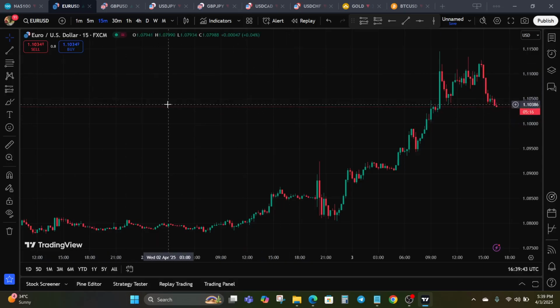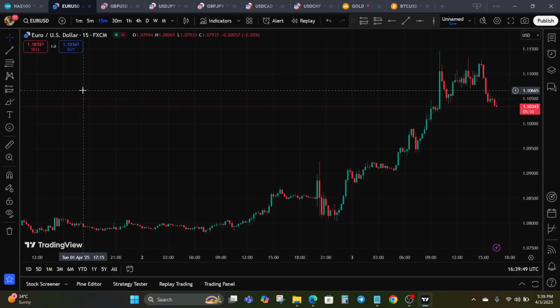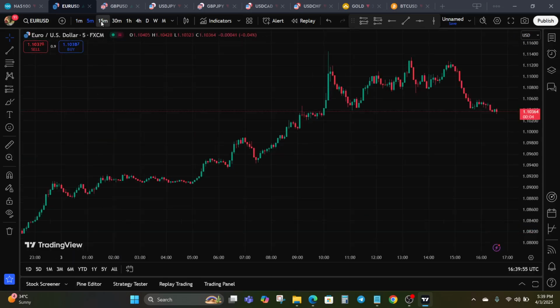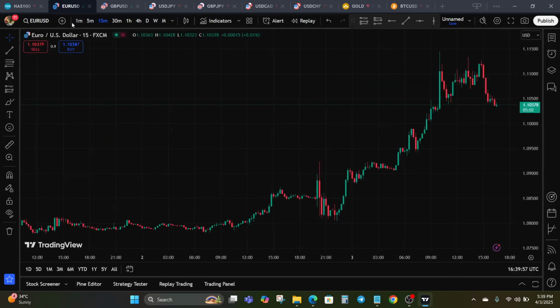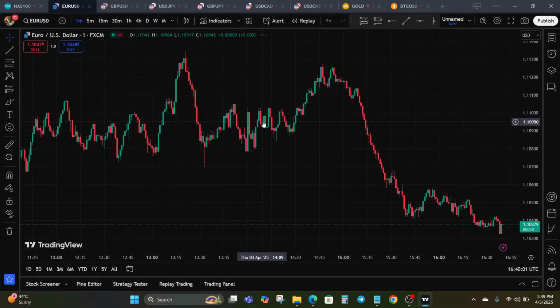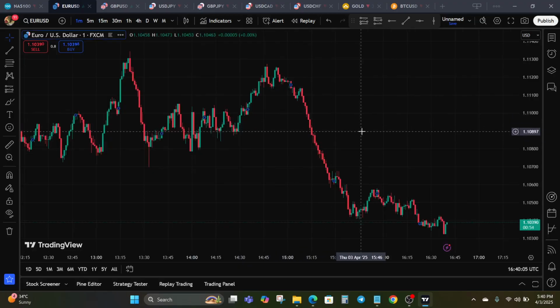Now, the first step in any scalping strategy is selecting the right time frames. For EURUSD scalping, the best time frames are typically the 1 minute chart, the 5-minute chart, and the 15-minute chart. As for the 1 minute chart, this is where most of the action happens for scalpers. It allows you to see price movements in real time and make quick decisions.